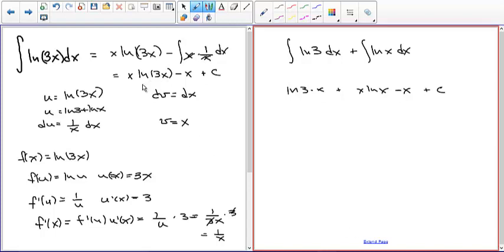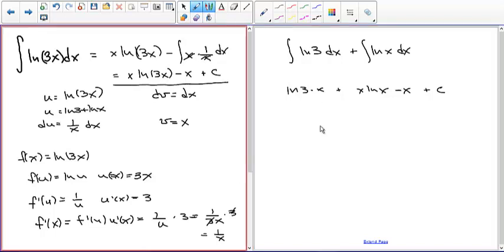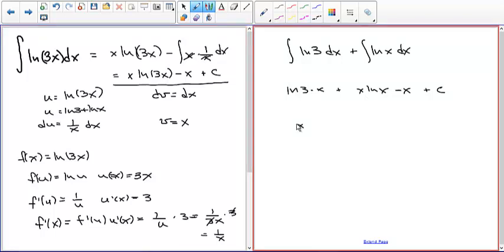And I look at this result, and it's not the same as that result. But what you can do is factor out an x, so you'd have x times the natural log of 3 plus the natural log of x, minus x plus c, and then you could combine these two together, so you'd have x times the natural log of 3x minus x plus c.